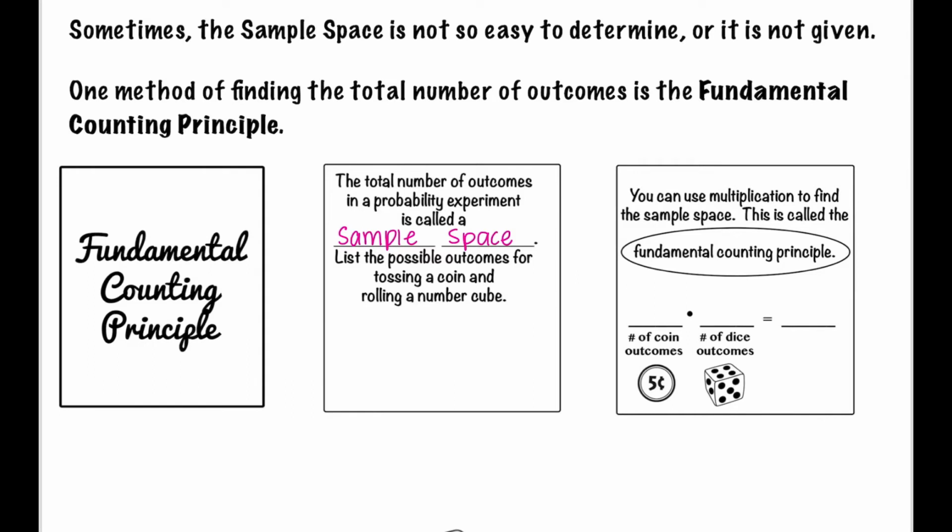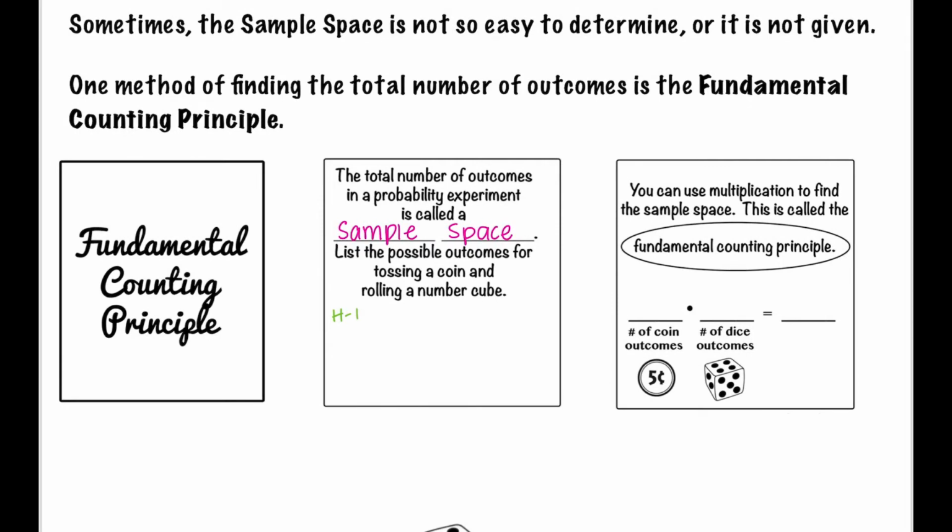Well, what if we wanted to toss a coin in addition to rolling the dice? If I were to toss a coin, I could get heads. And if I rolled a dice at the same time, I could roll a 1. Or I could toss the coin and get heads, roll the dice and get a 2. Or I could toss the coin, get a heads, roll the dice and get a 3.